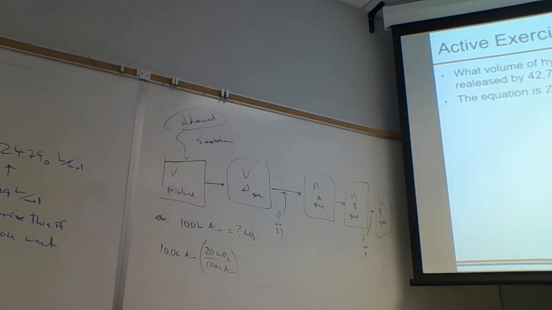What volume of hydrogen measured at STP can be released by 42.7 grams of zinc as it reacts with hydrochloric acid? STP is unrealistic. And so let's do this under normal laboratory conditions. What are normal laboratory conditions?